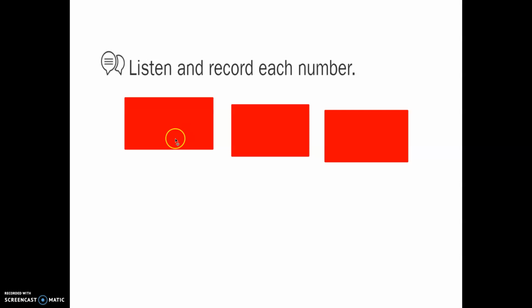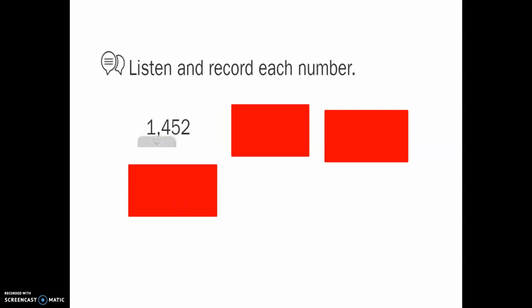In the first number, I want you to circle the 1. The 1 is in the thousands place. It's worth 1,000. Underline the digit in the tens place. You should have underlined the 5. That 5 is worth 50. The value of that 5 is 50.